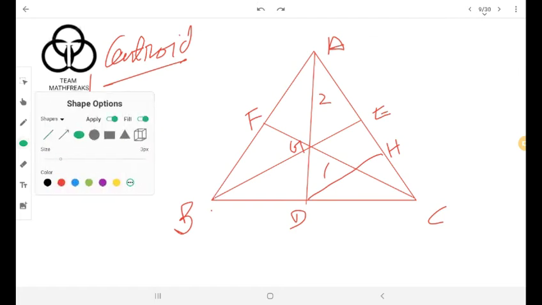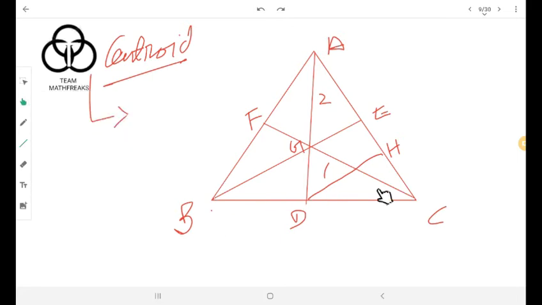I'm saying to consider only this triangle, BCE. In BCE, D is the midpoint, DH is parallel. Therefore, H is the midpoint. This side is equal by the midpoint theorem.